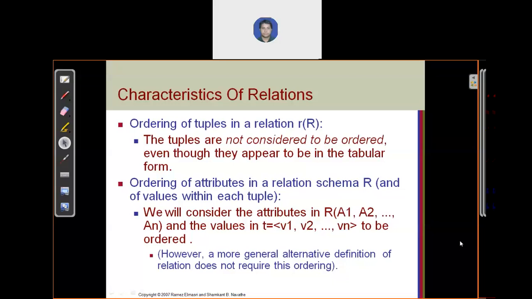So the definition of a relation is a set of records. We've talked about the set: there is no specific order. Is it clear? In reality, we store our data in some particular order, like roll number wise, but it doesn't matter whether you store it in order or not.